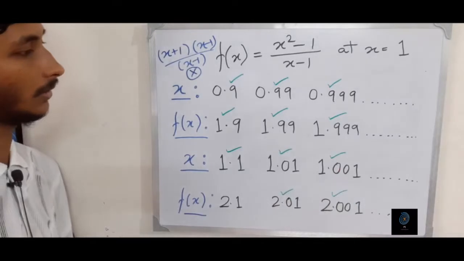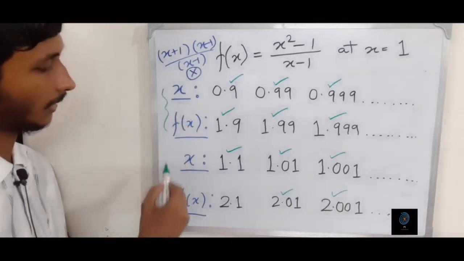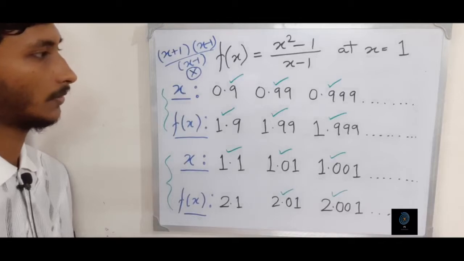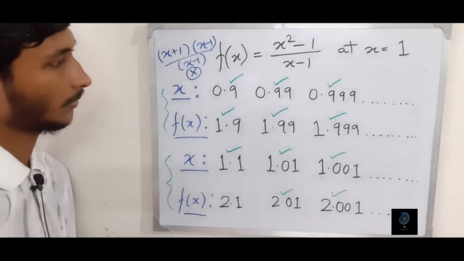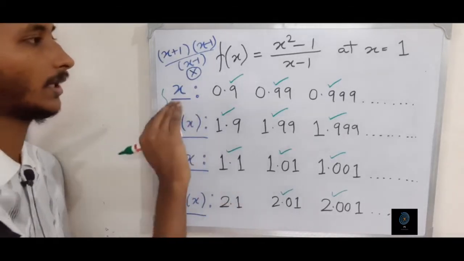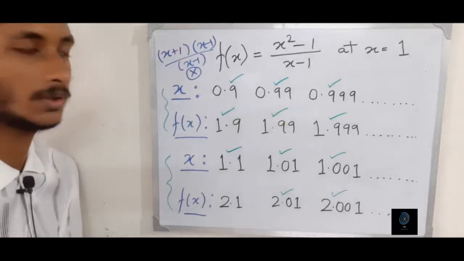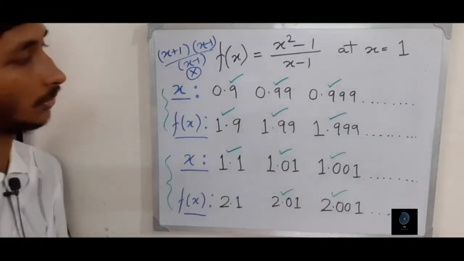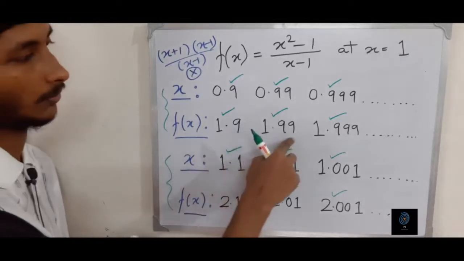Now in both the cases, there is a common thing which you can observe. In both the cases, when you are pushing x closer and closer towards 1, f(x) is moving closer and closer towards 2. See, 1.9, 1.99, 1.999.